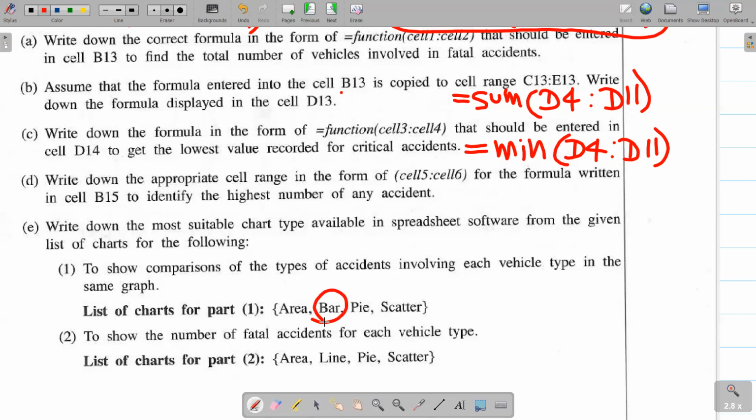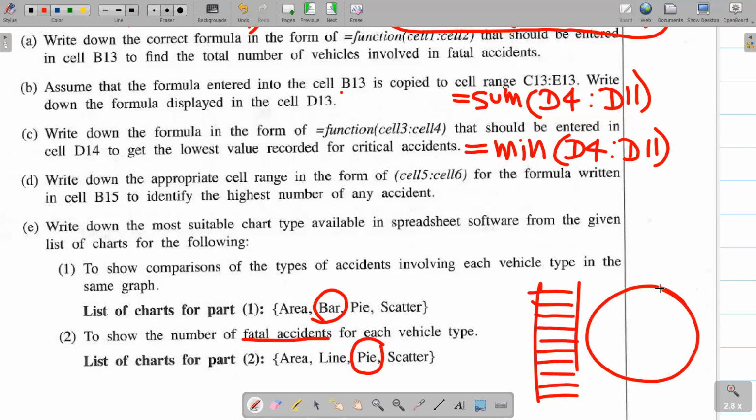In the second one, it says to show the number of fatal accidents for each vehicle type. So to show the number of fatal accidents, only one category, fatal accidents for each vehicle type. In that case, you can go for the pie chart, because it's just referring to one column and there are several values. Out of this, we can create a pie chart.